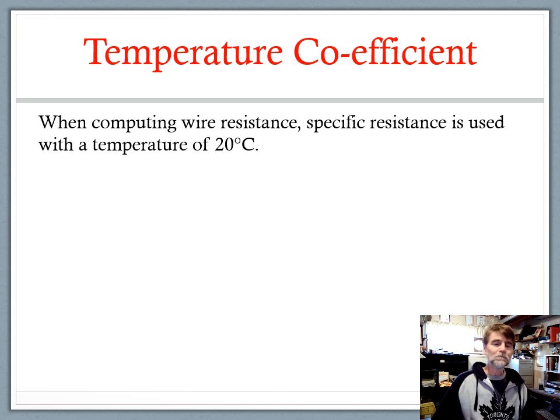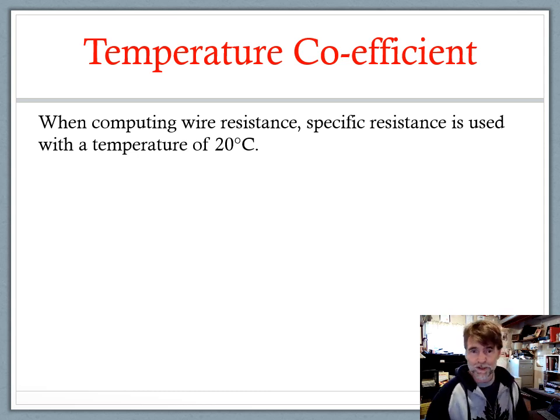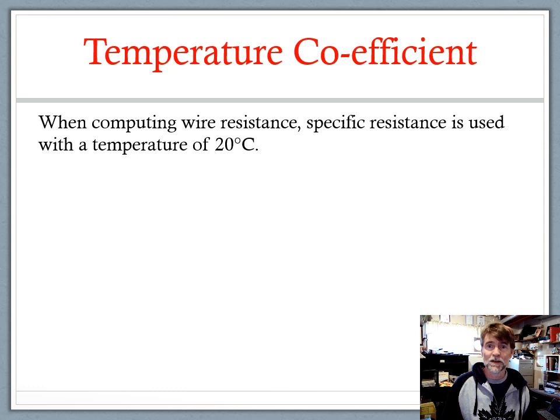So let's start the conversation here with the fact that when computing wire resistance, we always start at 20 degrees. You've already seen that. When we looked at the specific resistance of copper and aluminum, we talked about that being the resistance of the piece of wire at 20 degrees.